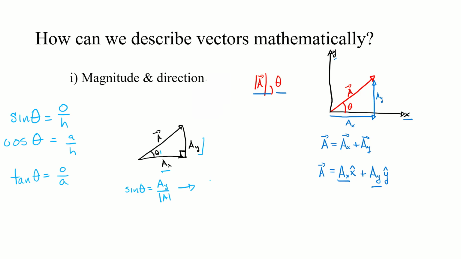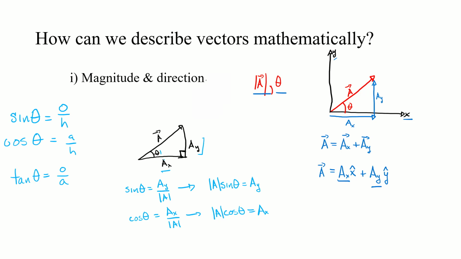A little bit of algebra says the magnitude of that vector times sine theta is equal to my y component. Likewise, cosine theta is going to be equal to the x component over the magnitude of the total vector, which lets me know a cosine theta is equal to the adjacent, or the x component.